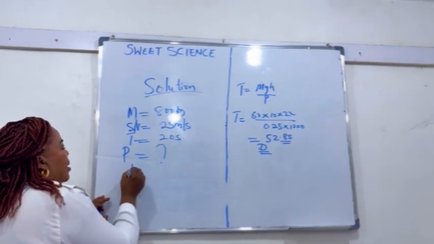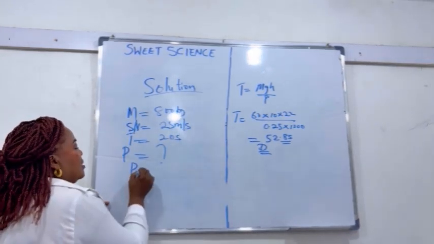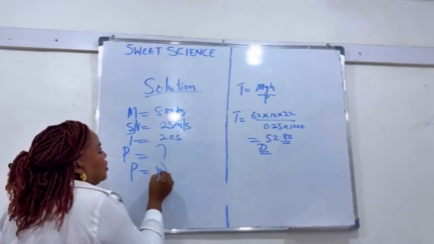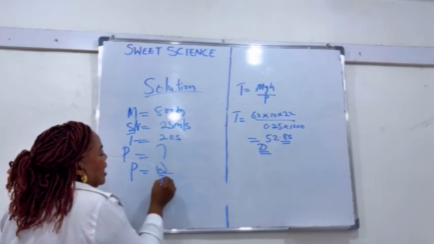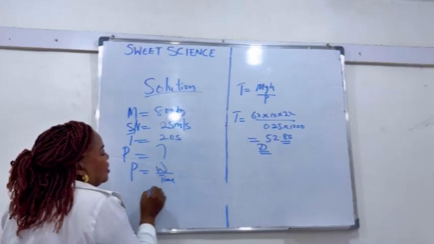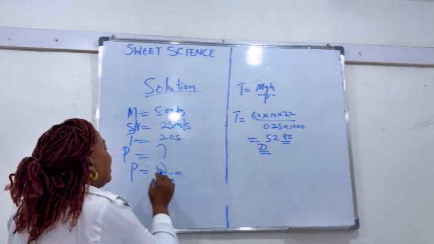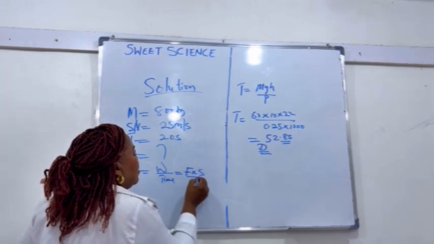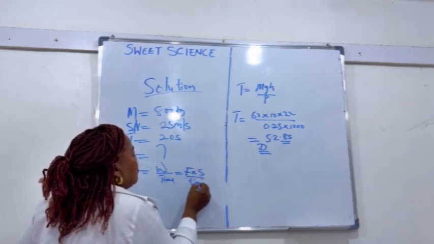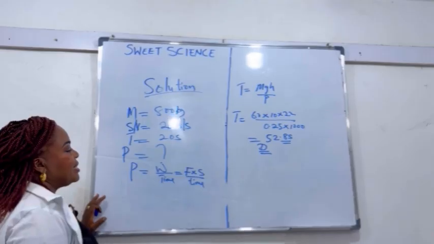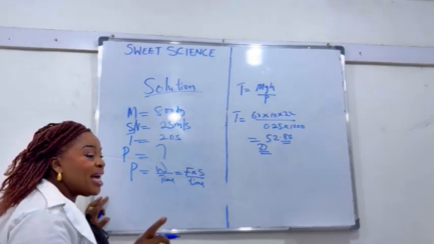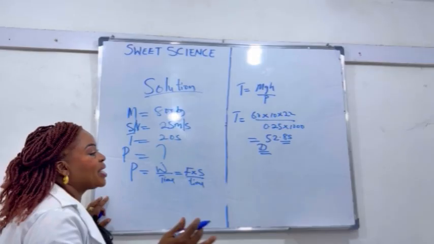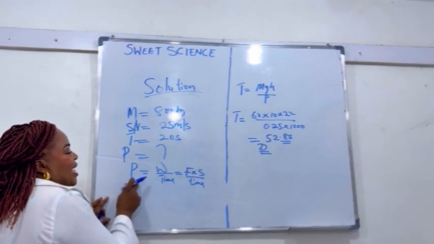Let's go. Remember, the power is always work done all over time, and work done is force times distance all over time. And remember, I said you work from known to unknown. We are to calculate the power developed.